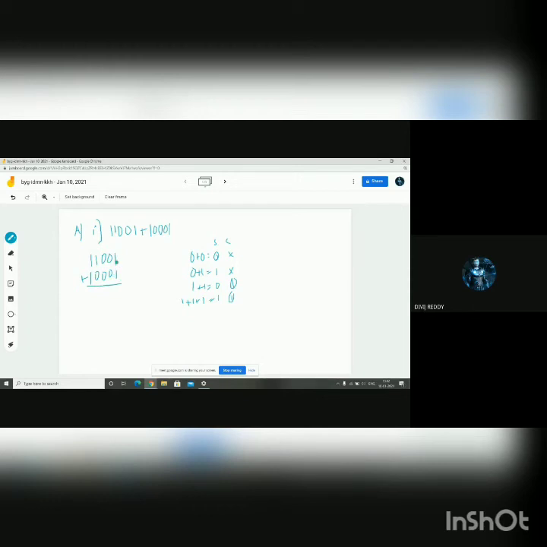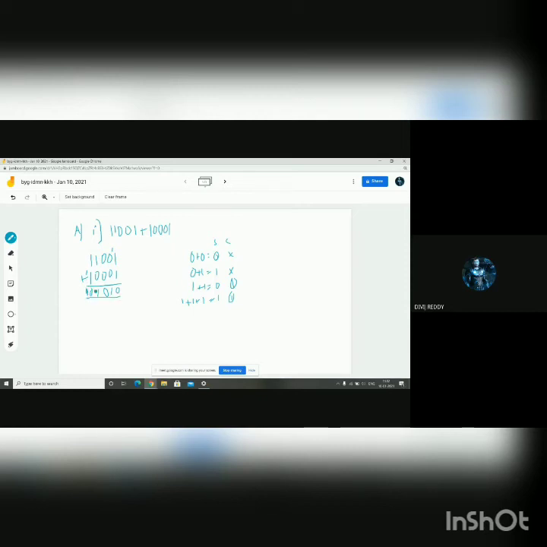So we have 1 plus 1. The sum is 0, and we'll take 1 carry. Now 1 plus 0 is nothing but 1. 0 plus 0, nothing but 0. 1 plus 0, 1. 1 plus 1, the sum is 0 and we have a carry 1. So that carry comes down, 1.